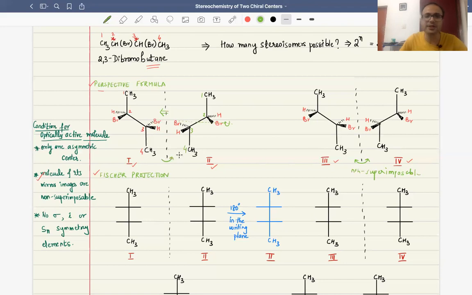However, these two structures are basically superimposable. So if these two structures are superimposable, then that means these are optically inactive.